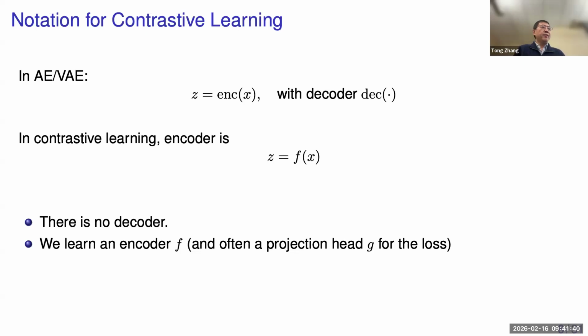Later we will add another function, which is an auxiliary function, and we'll talk a little bit about that. But essentially, all you learn is f. You do not have a decoder. It's an encoder. So this is our current formulation for contrastive learning with this notation.